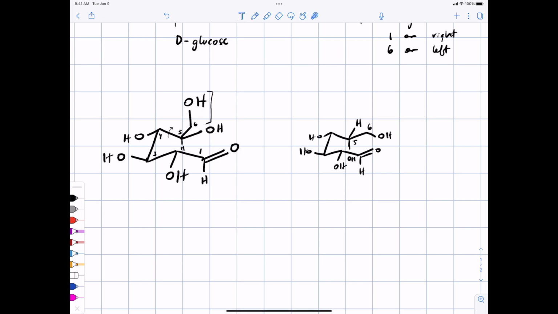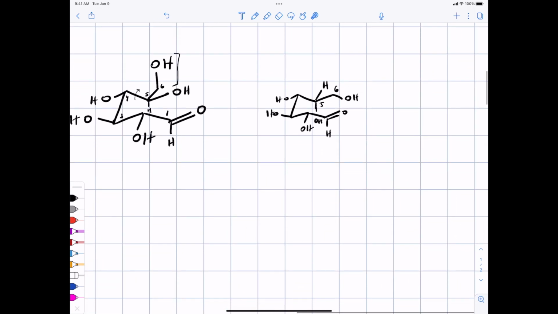You may have to build a model to be able to see that, but we're rotating around this carbon-carbon bond such that the hydroxymethyl group, carbon 6, now occupies the position of this OH group. So basically we're grabbing that OH group and rotating it down into the page.